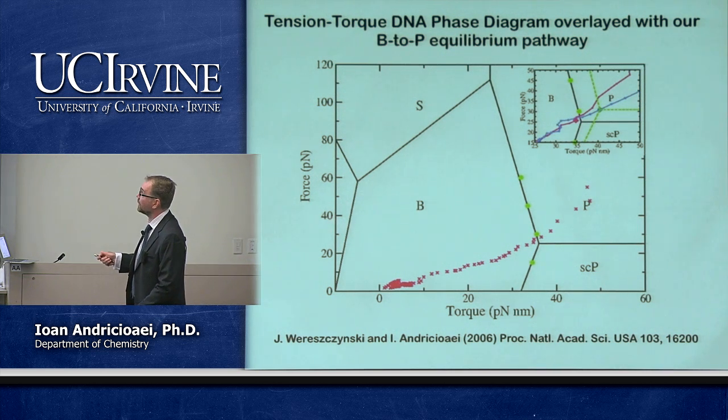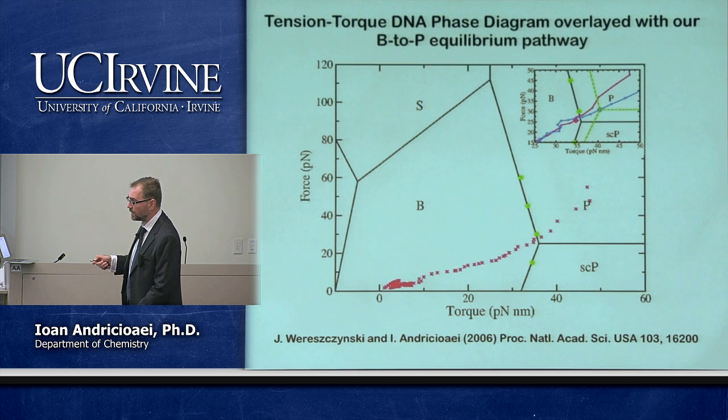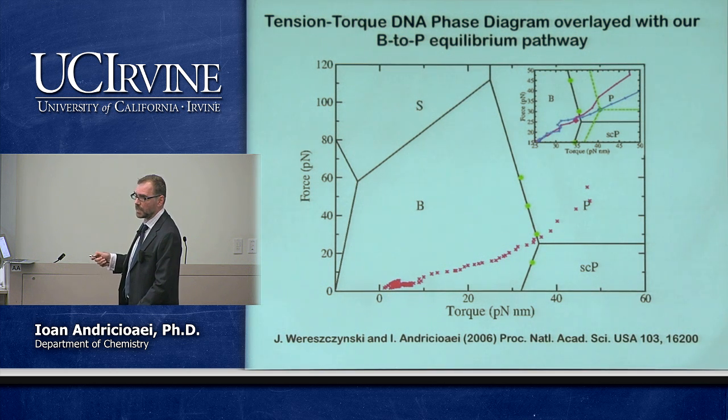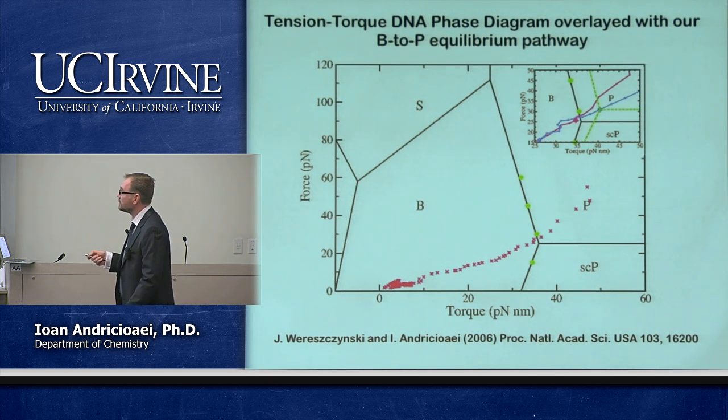And what you see here is an experimentally calibrated force versus torque phase diagram. If you want to think in terms of thermodynamics, this could be like a Clausius-Clapeyron phase diagram, where you see a solid, liquid, and vapor, for example.